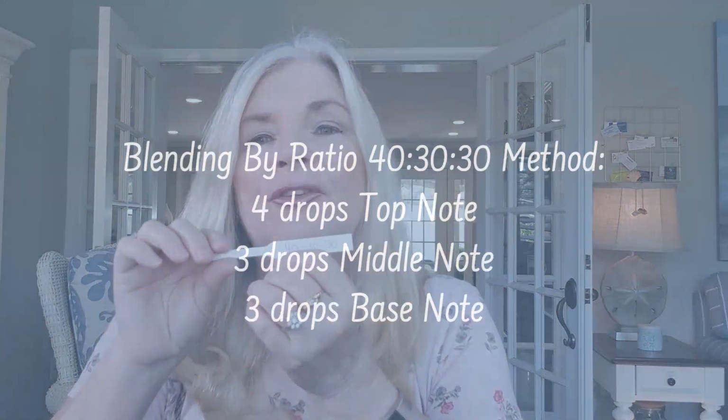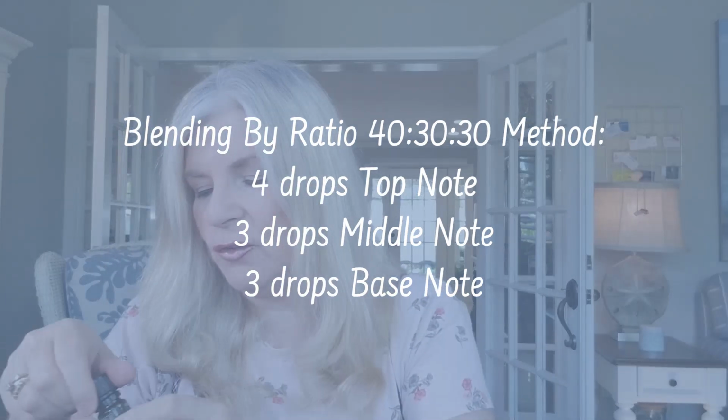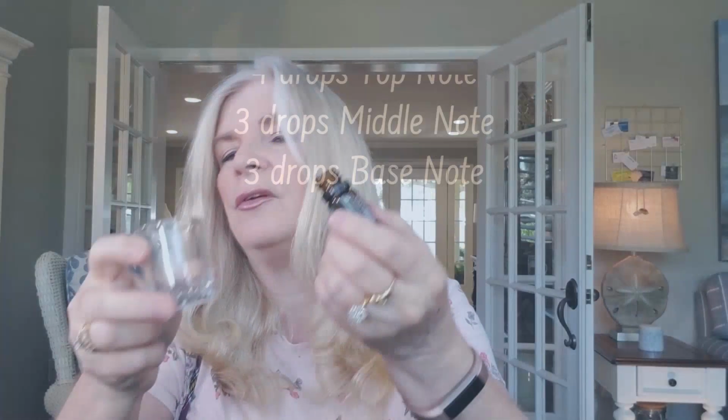Now I want to try making a blend with the ratios 40, 30, 30. So this one means I'm going to be using 3 drops of sandalwood, 3 drops of black pepper, and 4 drops of basil.